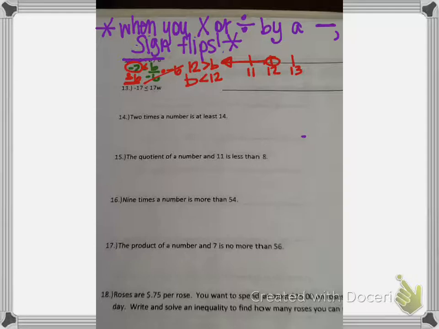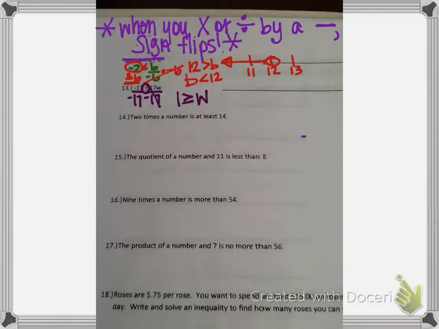So same thing here on 13, we're going to say that's negative 17w. So we would divide by negative 17, and negative 17 divided by negative 17 is 1. My sign flips from less than or equal to greater than or equal to w.